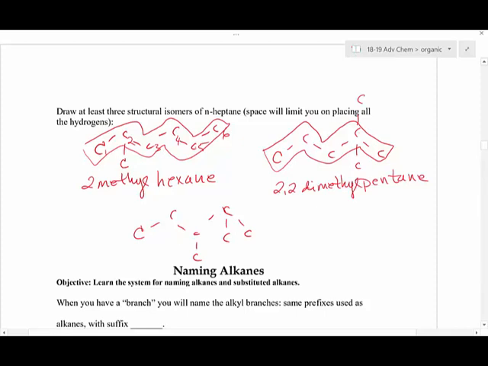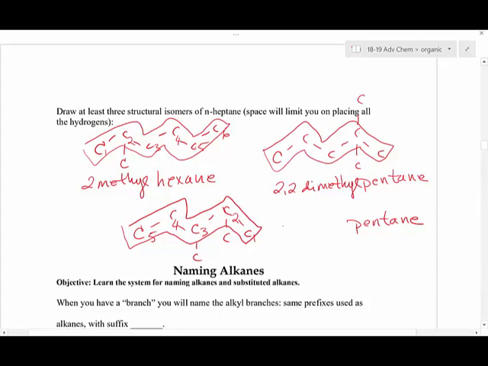Going to the next one, and let me make that C a little bit better. All right, so boxing my longest chain, and that is 5 carbons, a pentane, all the same. And now counting from the right, 1, 2, 3, 4, 5.